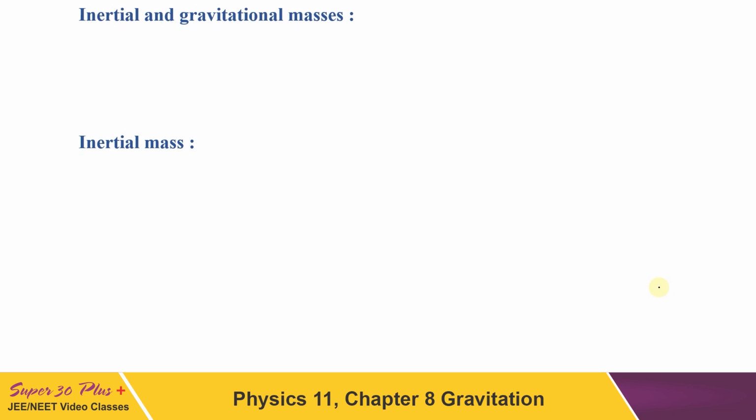As defined by the second law, we can write F equals ma. Here this mass has to be the inertial mass, and from this we can write mi equals F upon a. This mi of the body is known as inertial mass. If we take a equal to 1, then mi becomes equal to F.